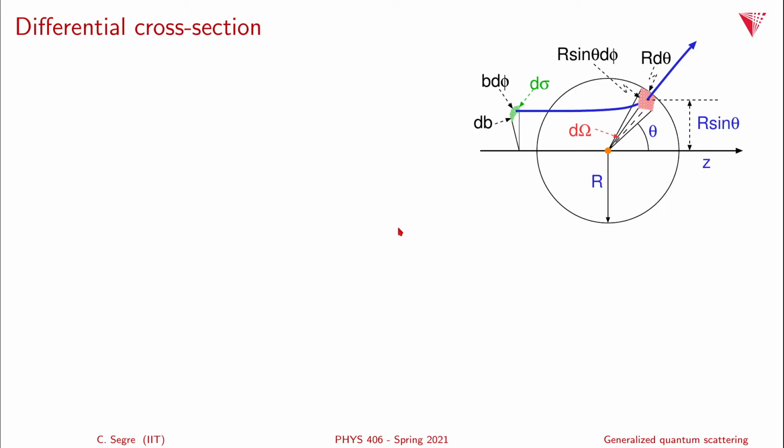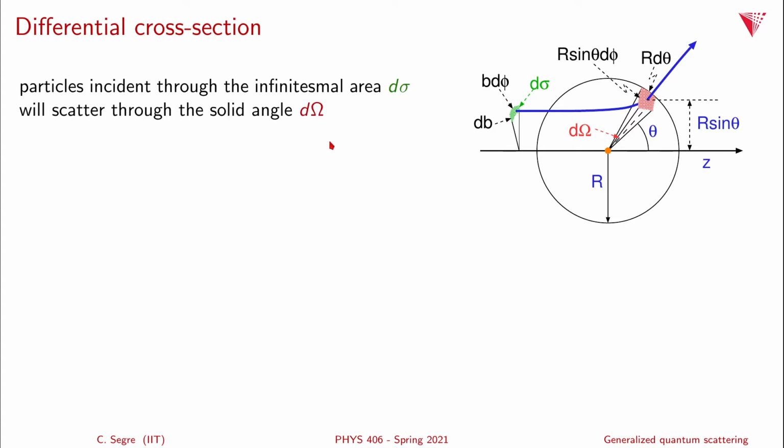Within this formalism, we also want to calculate the so-called differential cross-section, which is laid out in this figure here. We'll start by noting that the particles that are incident through an infinitesimal area dσ are then scattered through a solid angle dΩ, which is over here in red. dσ is an area, and therefore it's given by an infinitesimal rectangle.